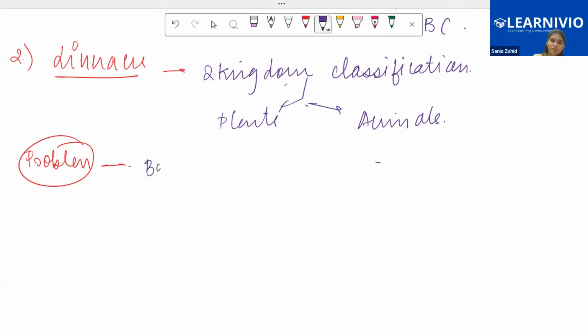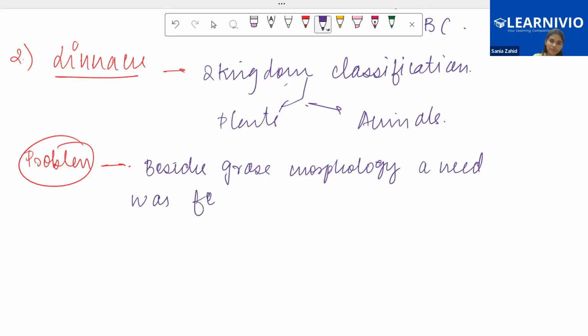One very important line was, besides gross morphology, a need was felt to also include internal structures of organisms. All right.